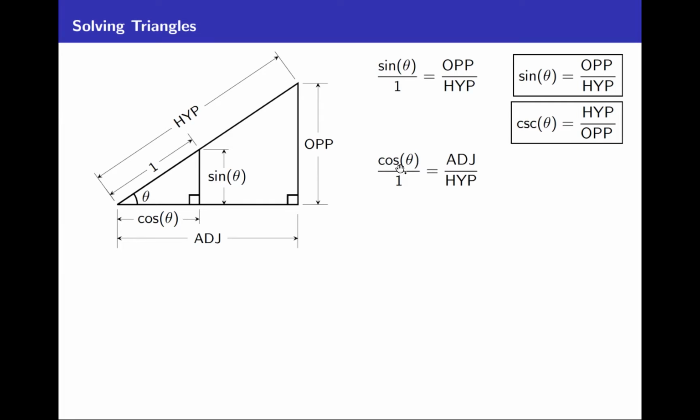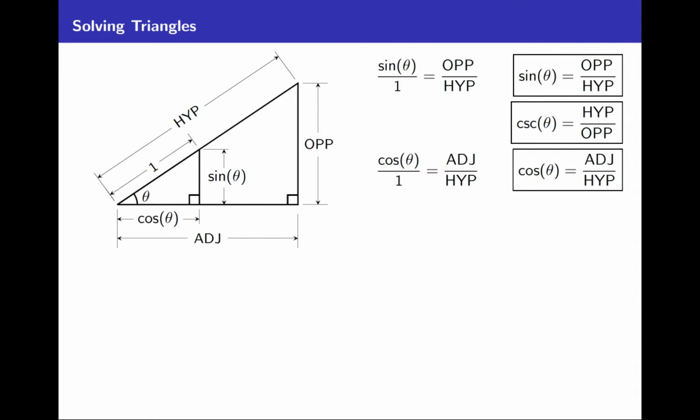Think now about cosine theta over 1. Cosine theta over 1 by similar triangles would be adjacent over hypotenuse. Cosine theta over 1 equals adjacent over hypotenuse, which simplifies to cosine theta equals adjacent over hypotenuse. So that's a geometric interpretation of cosine of theta.